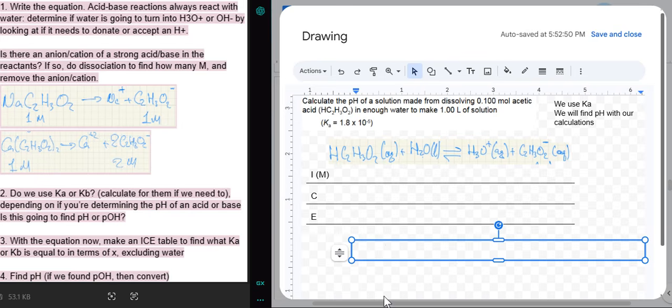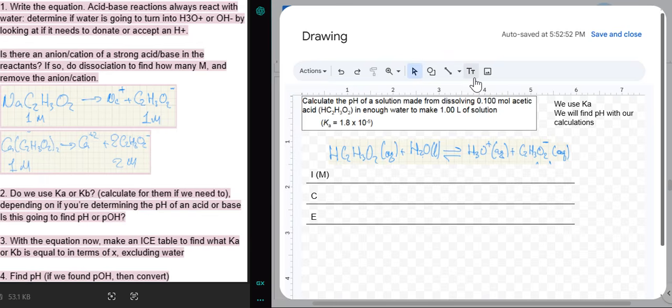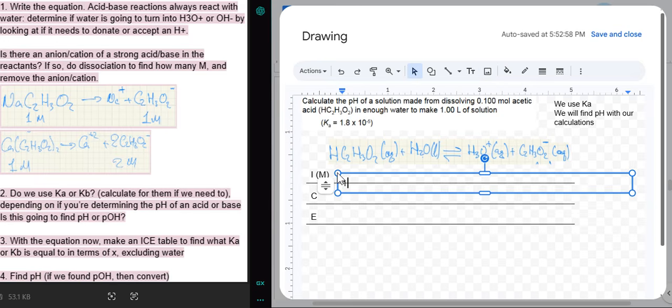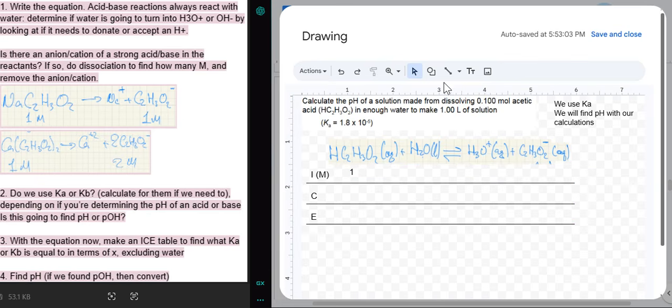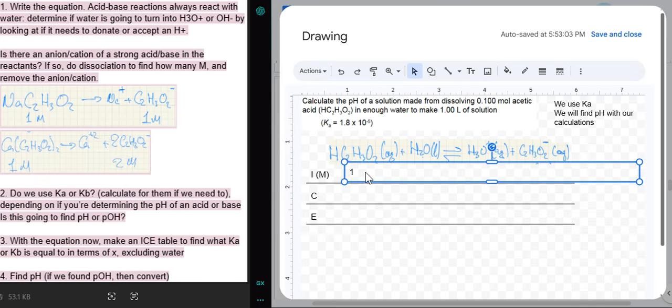So for here, it's moles over liters, which is equal to, wait, oops, 0.1 M.